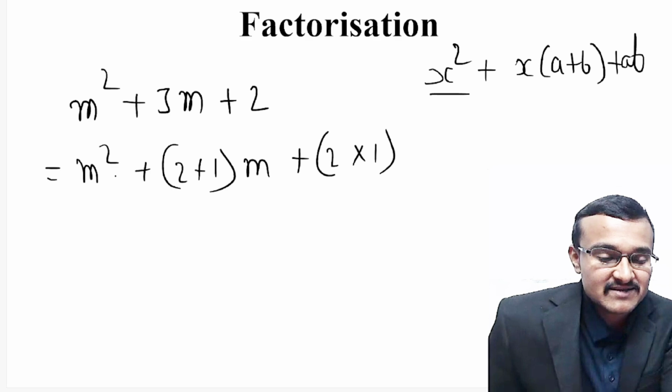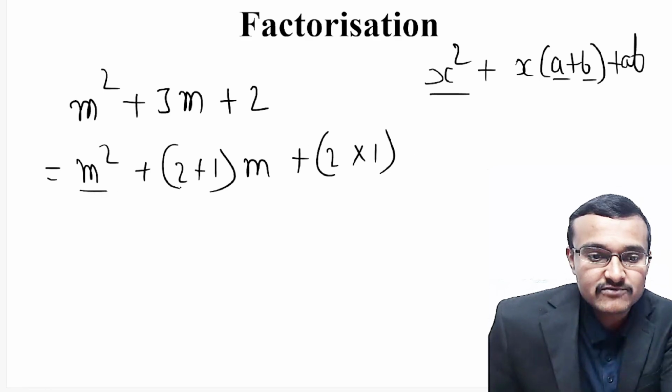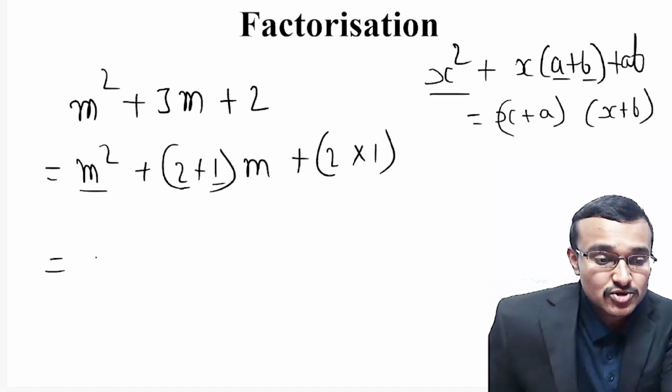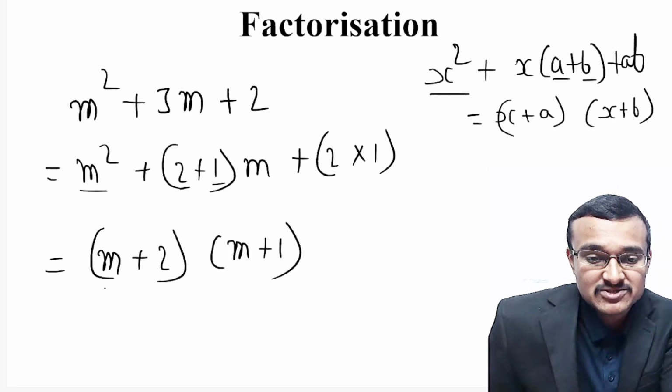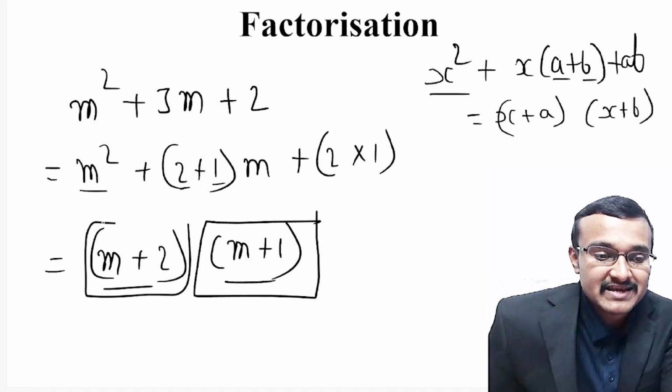Here in place of x you have m, and in place of a and b you have 2 and 1. So you can straight away write this in the form (x + a) into (x + b). Here x is m, so (m + 2) into (m + 1). So (m + 2) into (m + 1) will be the factors for m square + 3m + 2.